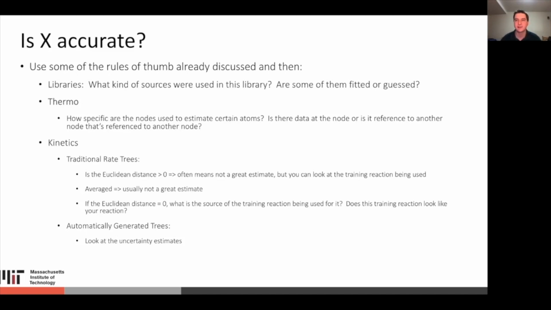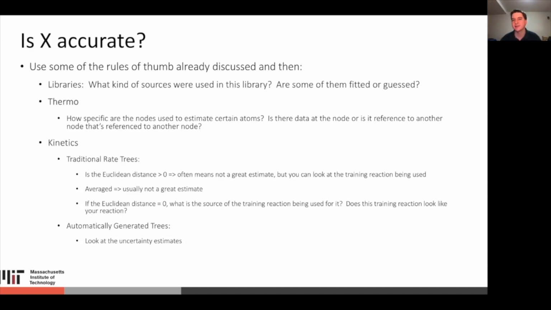Especially if a reaction mechanism has been fitted to a specific condition, it may not be suitable for use in another reaction mechanism for a different species under different conditions. For thermochemistry, you should look at how specific the nodes are that estimate atoms, and this information should be available to you in the output Chemkin file, the annotated Chemkin file.